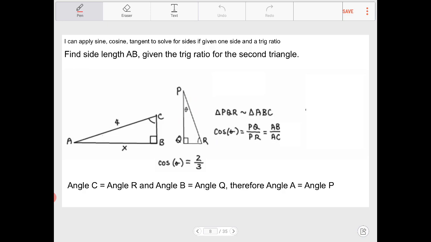Because I already know cosine theta is equal to 2/3, I can then say 2/3 will equal x over 4 because x is my AB value and AC is 4. Then I can solve for x. I cross multiply, and I end up with x is equal to 8/3.